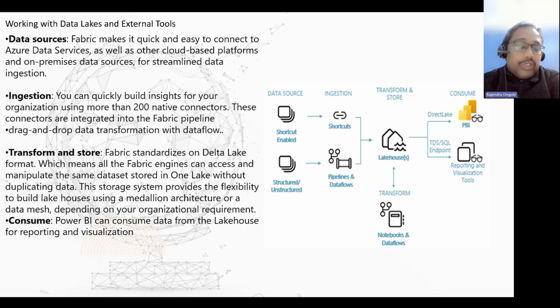I can ingest the data into my lakehouse structure. It will support data sources like on-premises SQL Server, and even if you are using an Azure cloud-based environment, Azure SQL Database, we can extract it, build on top of pipelines and dataflows also, and get the data stored in the lakehouse.